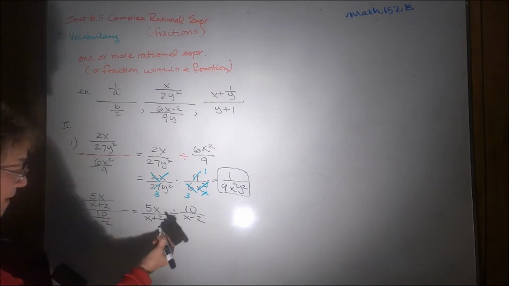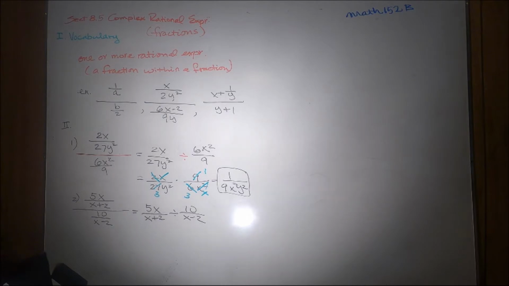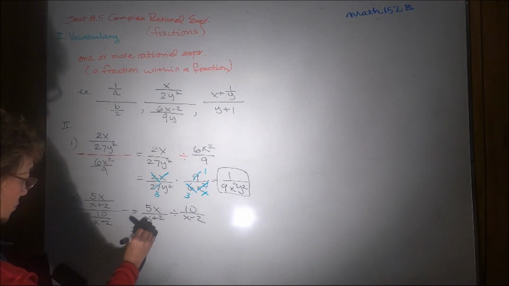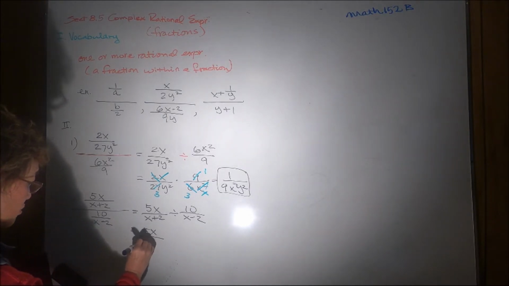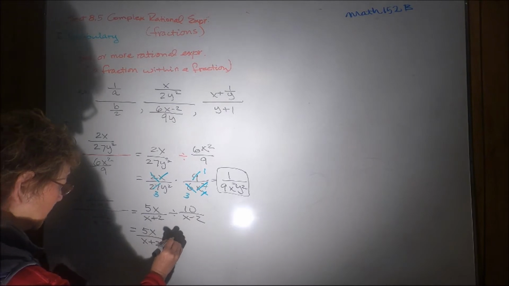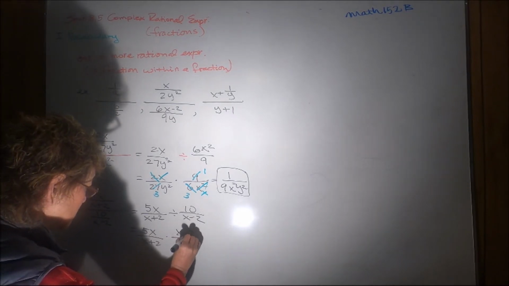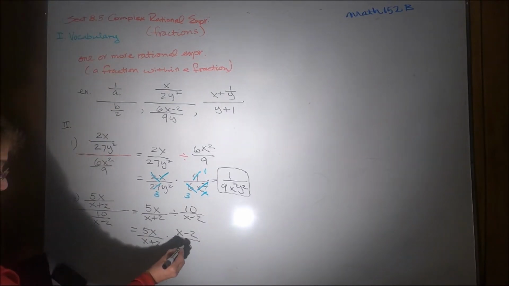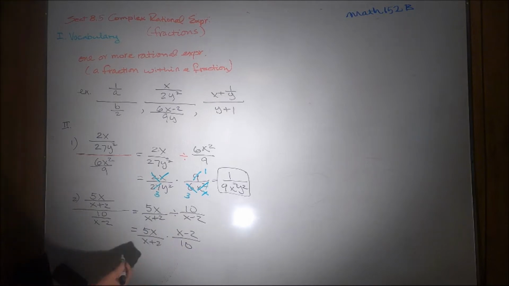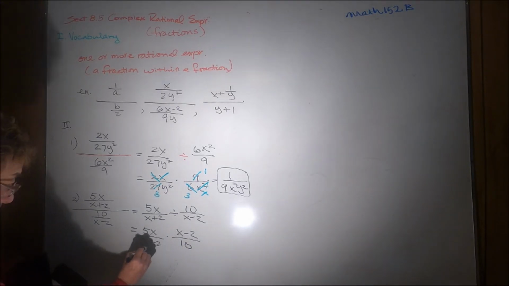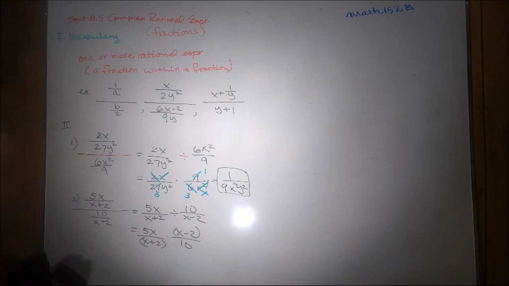It looks much better now, right? Then what do we do? We change the division to multiplication by its reciprocal, right? So don't cancel this x and x because we say what? It's a part of a group. The group should stay together. Put the parentheses around, right?